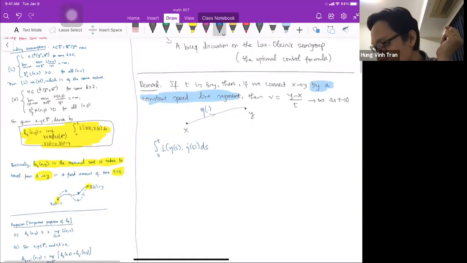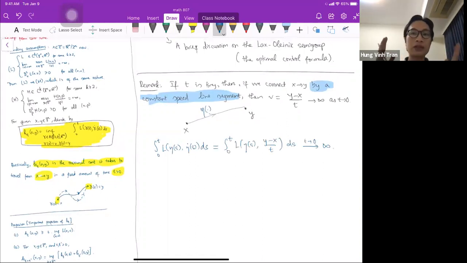It's just a constant in eta dot. L of eta(s) is something I'm not worried about. Eta dot(s) is (y minus x) over t. And because L is superlinear, this goes to infinity as t goes to 0. So we have to be careful if the time is getting small.